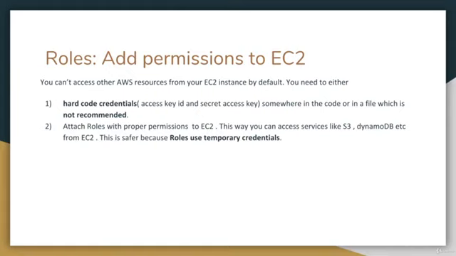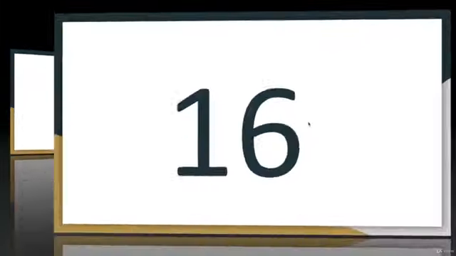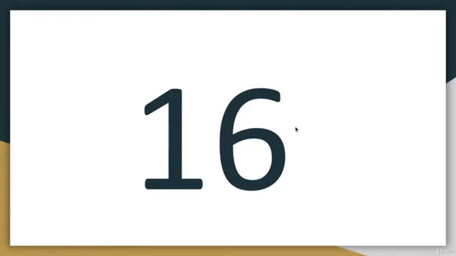We have a lab on roles and access keys coming up, so you can have some practice on this topic. To add the roles, you just select the instance, click on Actions, Instance Settings, and Attach/Replace IAM Role. Let's move on to fact number 16.